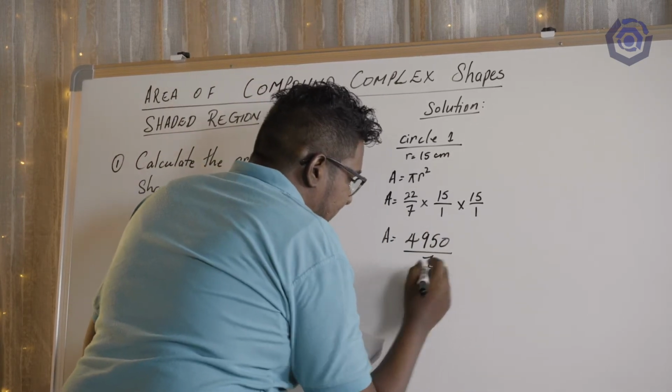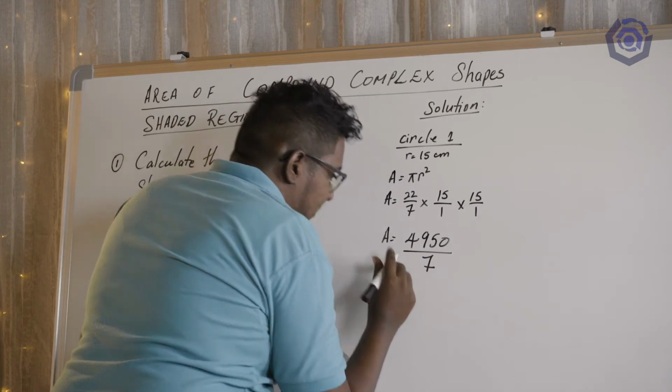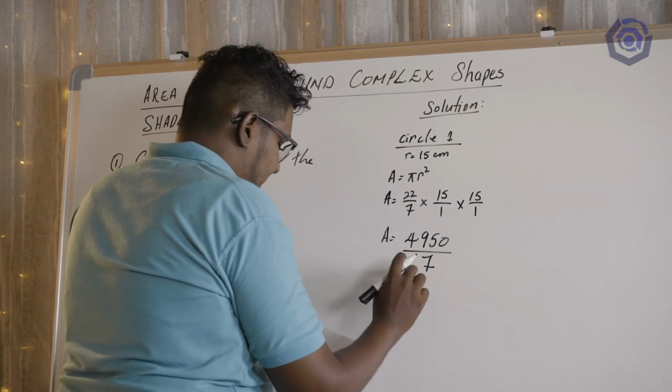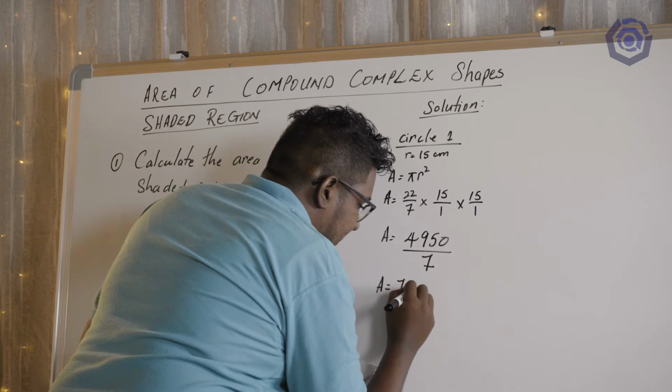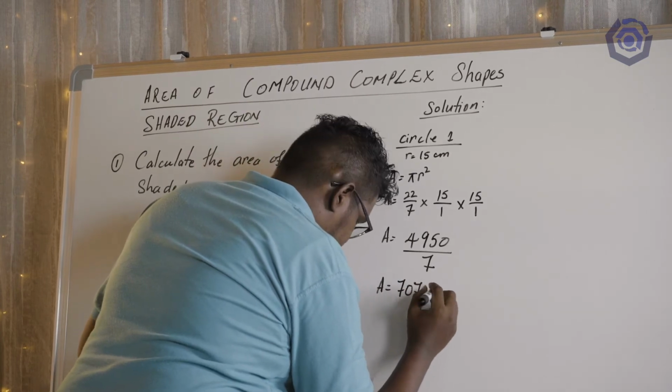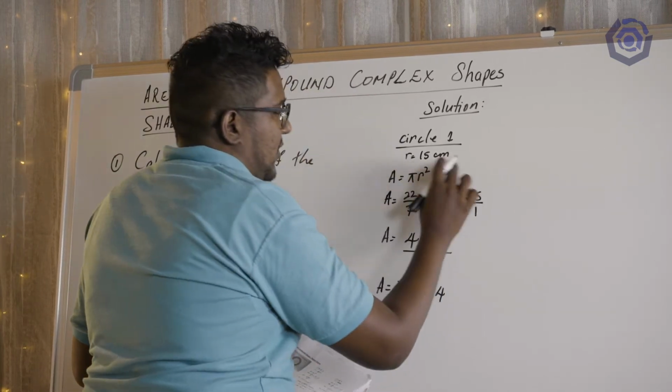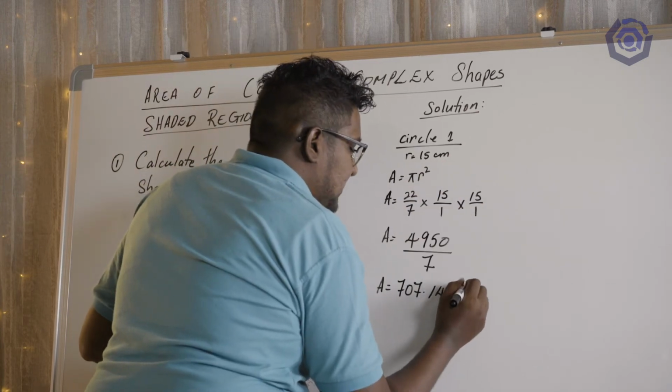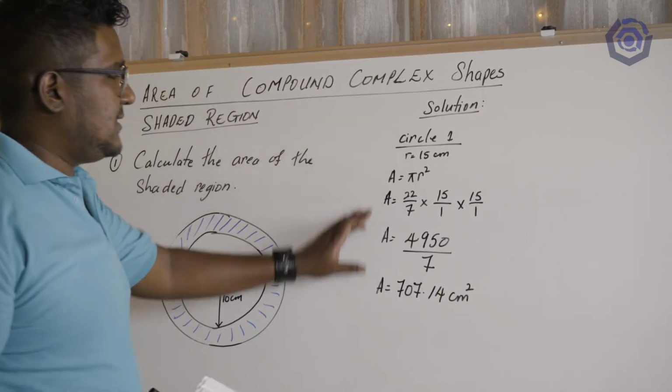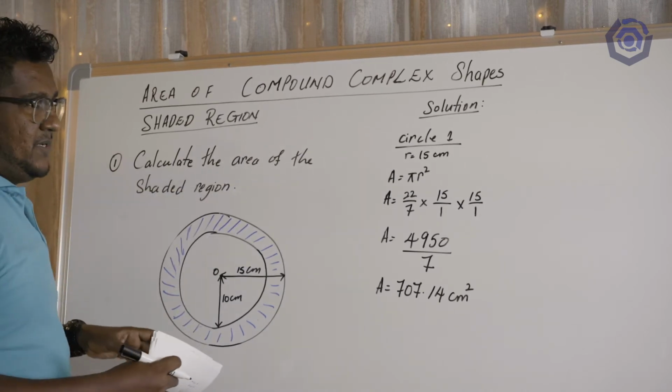That's going to give me 7. So A is equal to 4,950 divided by 7, and that's going to give me 707.14. We're working with centimeters, so my answer is in cm squared. So this is the area of my big shape.